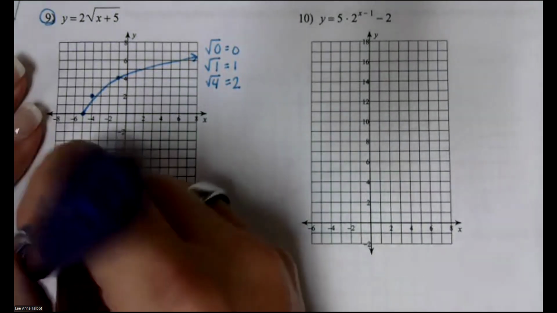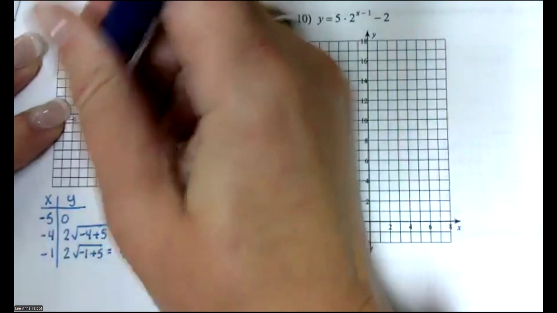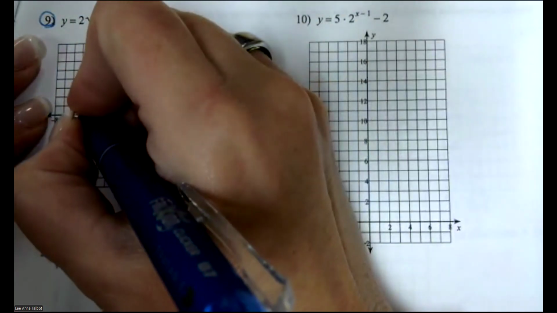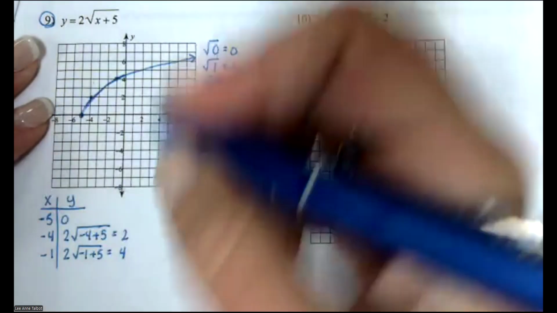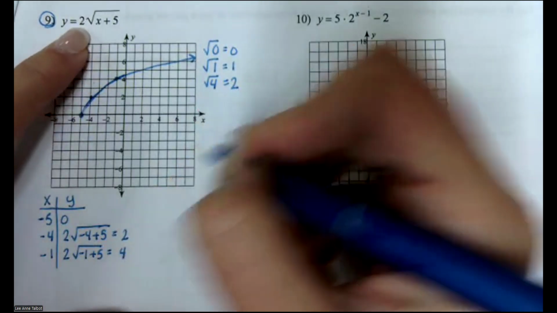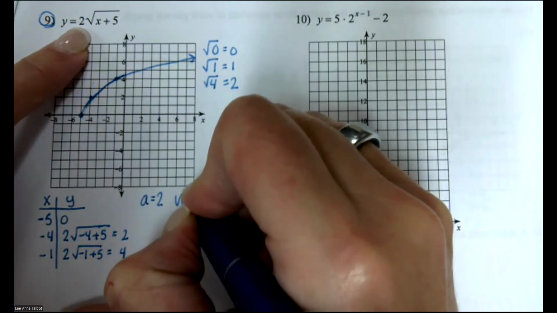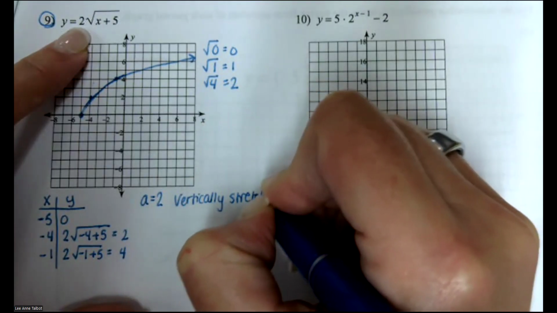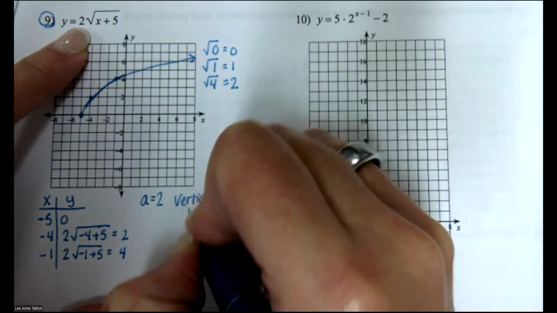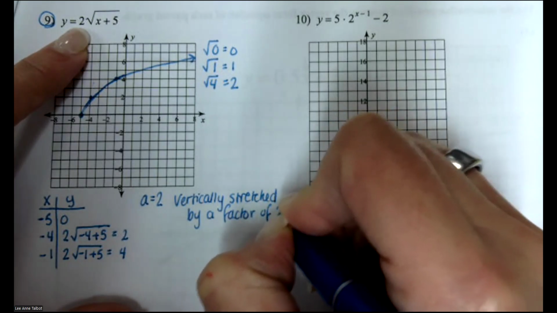It looks good. Oh no, I didn't go through the point though. Okay, so we have an A value of 2, vertically stretched by a factor of 2.